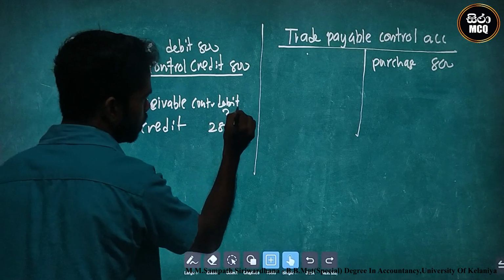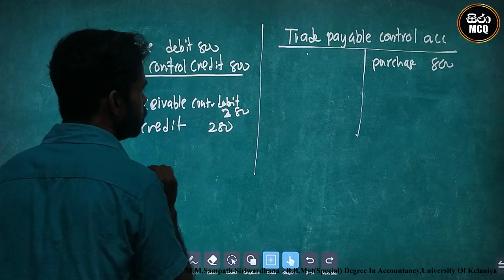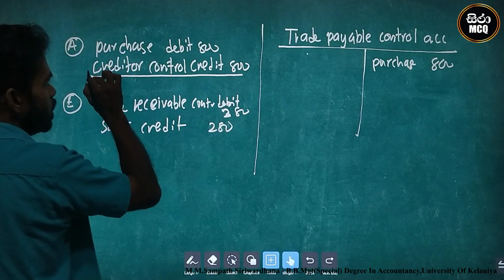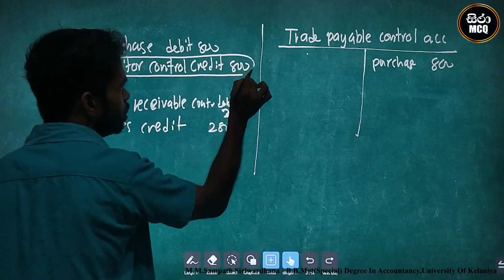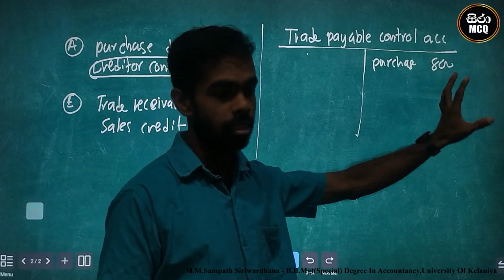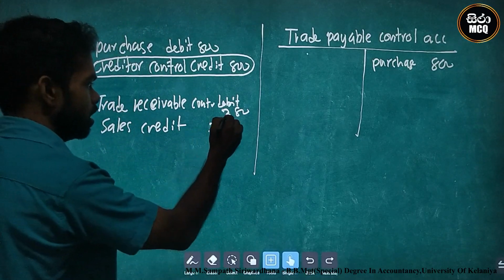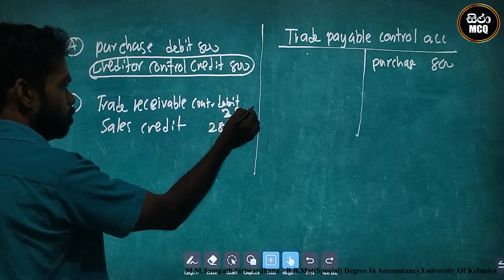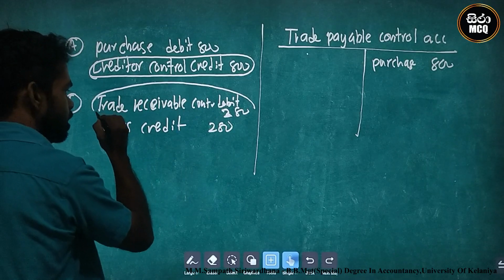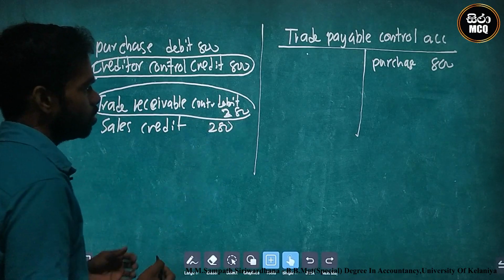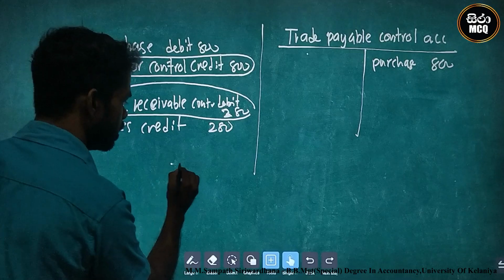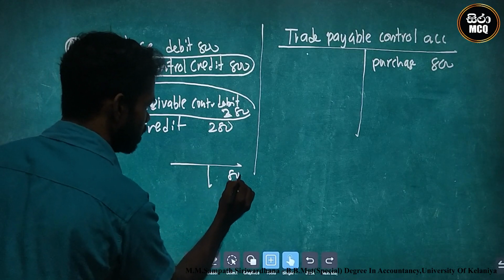Debit 280. You know, look here, there is a payable amount of 800 to Amal, and again a sales transaction occurred. There is 280 receivable, trade receivable from Amal. There is another receivable. This is the payable 800.